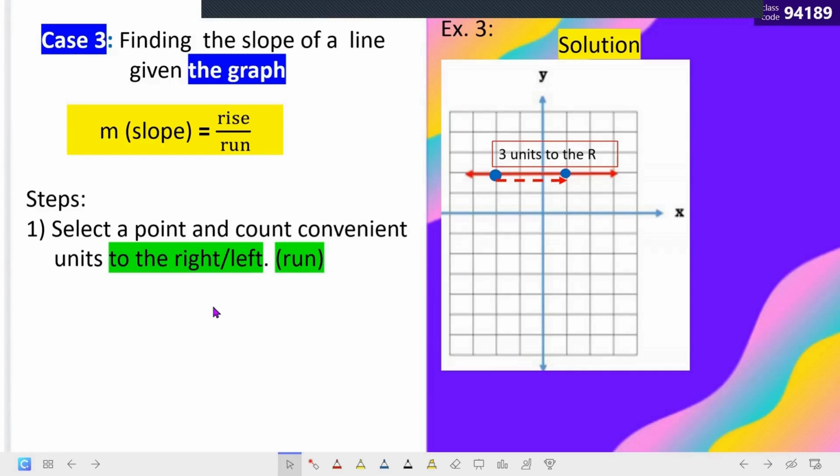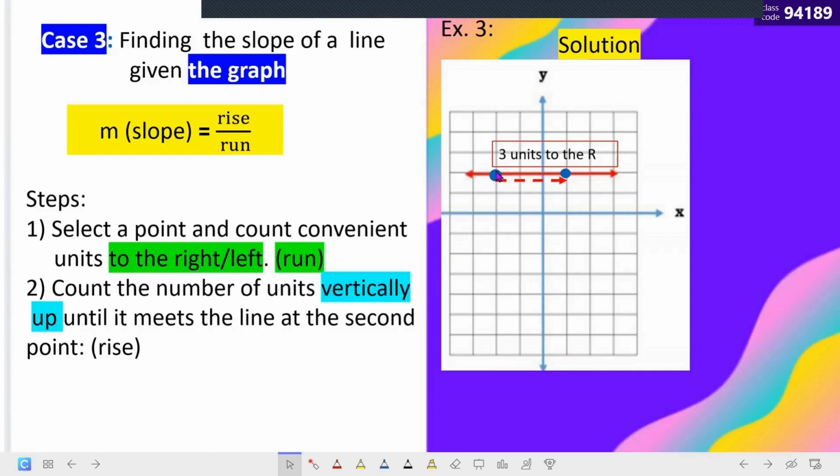If we go to the second step, we count the vertical chains, or the number of units vertically up. So we went from the first to the second point, and we are already on the second point. We don't have to move anymore. We cannot move anymore upward or downward because we have reached the second point already.